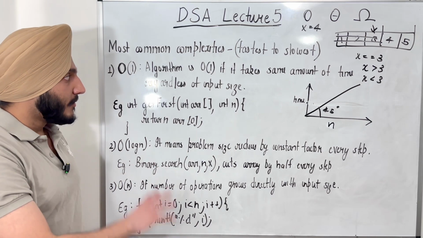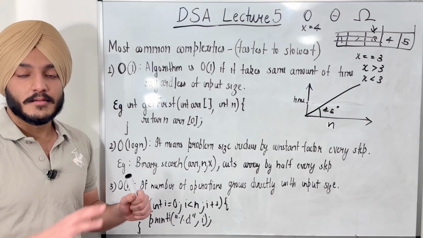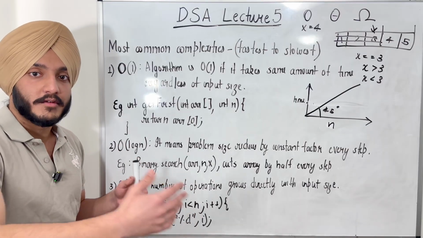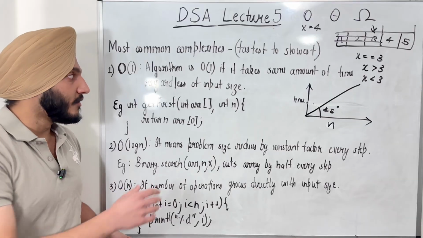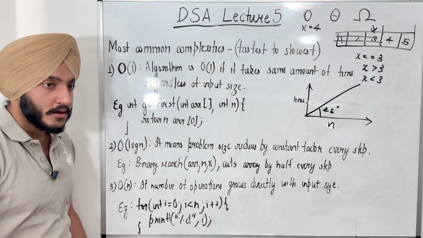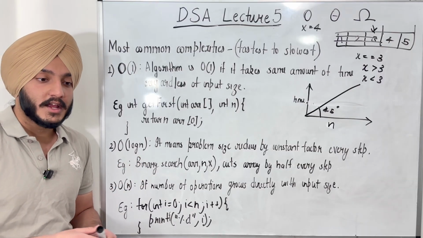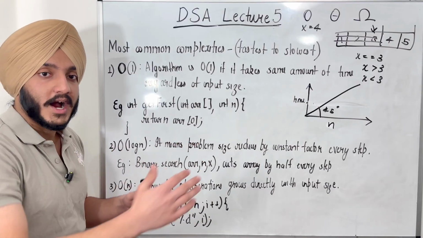So, a quick summary of all these. O(1) basically means constant time. It doesn't matter how big or small my input size is, it's always going to take constant time. Second one is order of log n. This is the time complexity when our algorithm is reducing the problem or input size by half every single step.